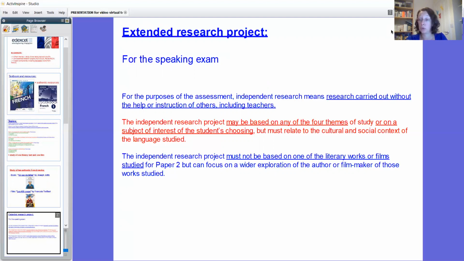They can also choose some of the things they've studied during the year, but it must not clash with the film or book that they have studied or the themes that we have studied in class. Okay, so they can choose a broader approach to certain themes, but they must not reuse exactly the same thing as they've studied. But it's a really good opportunity for students to be able to discuss and present something that really interests them about French culture or French society.